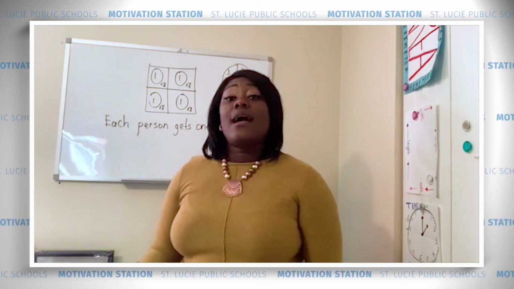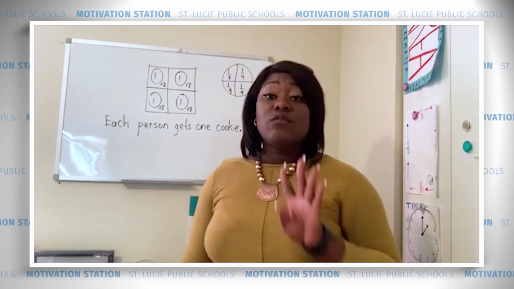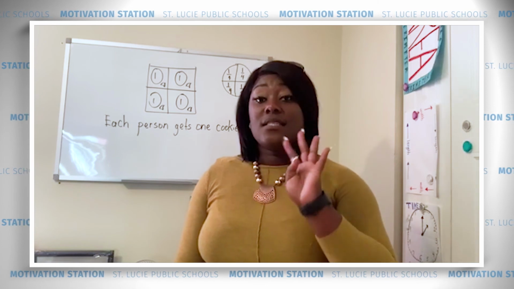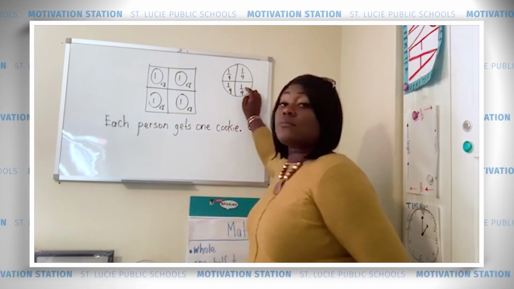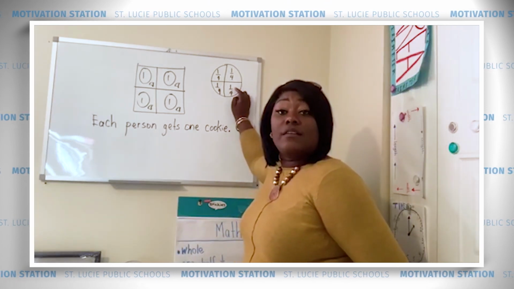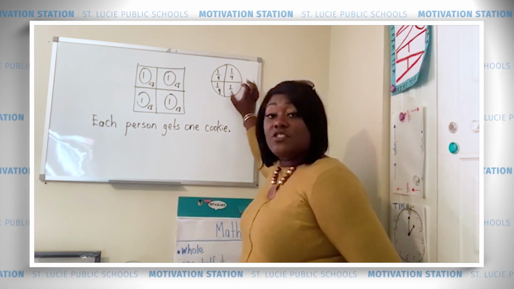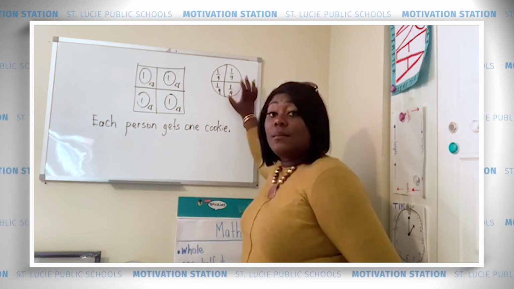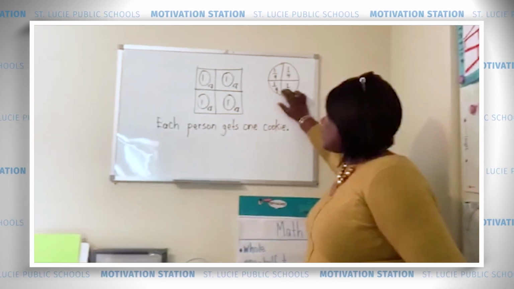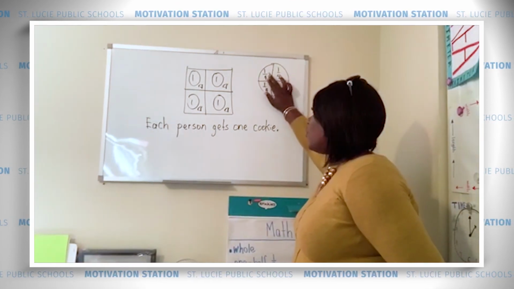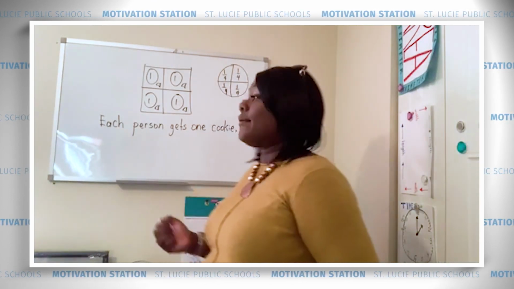And that's because that whole cookie was broken into, or partitioned into, 4 equal size sections. The top part of each fraction, or the numerator of each fraction, is a 1, because each of the 4 sections is just 1 piece. Together you get 2 fourths, and then 3 fourths, and then 4 fourths. When you get 4 fourths, you have the whole cookie again.